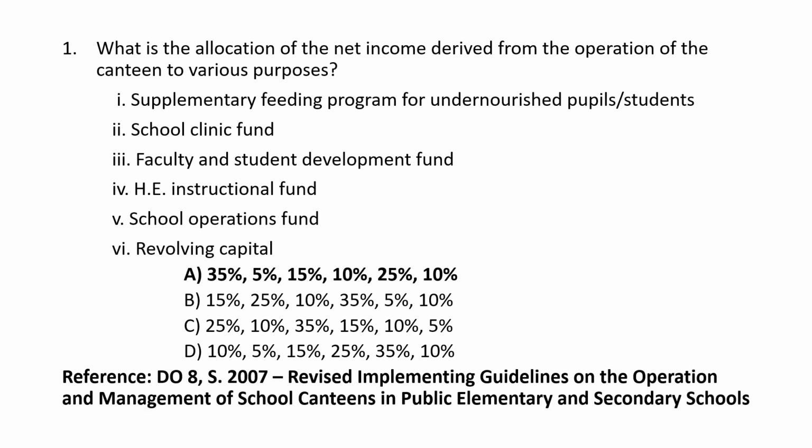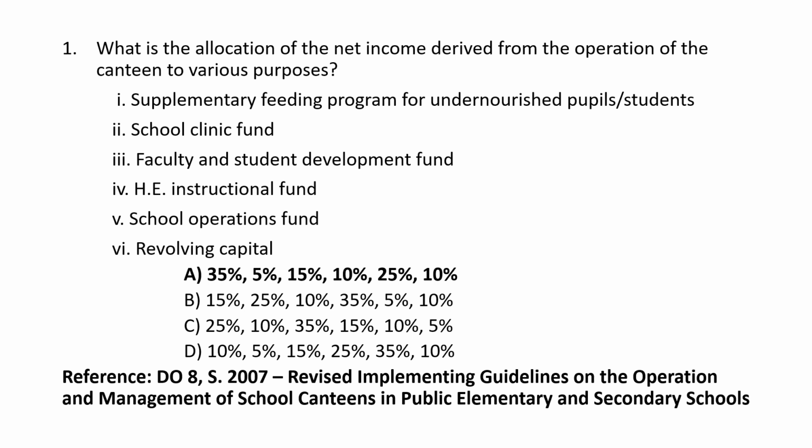letter A. 35% for the supplementary feeding program for undernourished pupils and students, which of course take the biggest part. 5% for the school clinic fund, 15% for faculty and student development fund, 10% for home economics instructional fund, 25% for school operations fund, and 10% for the revolving fund.